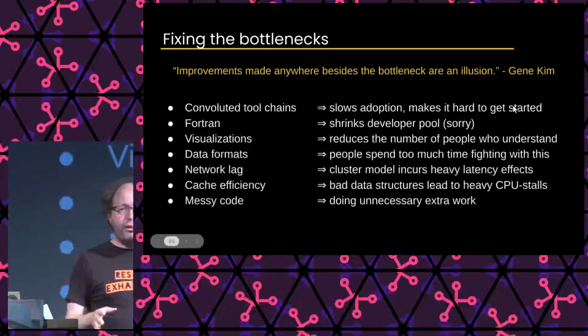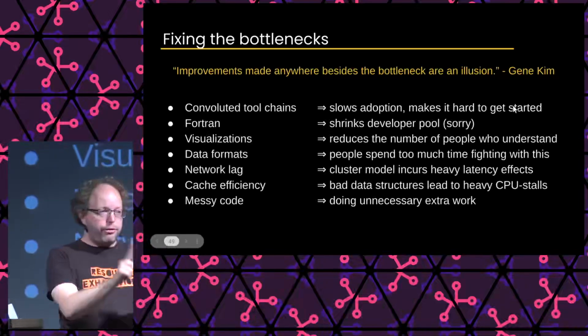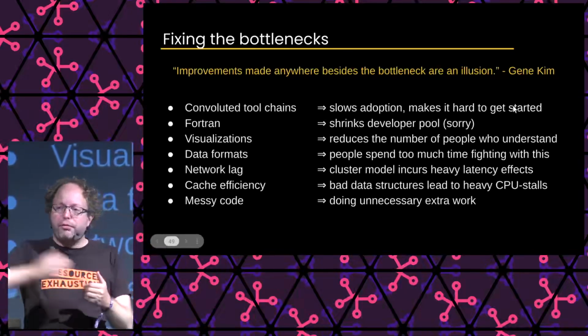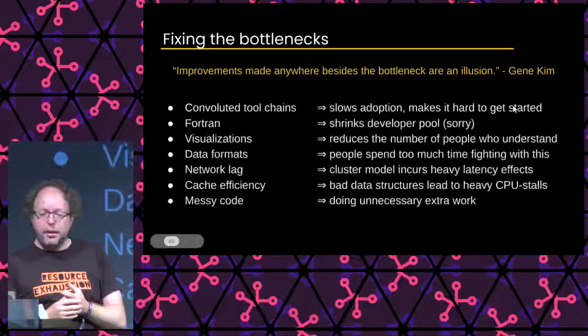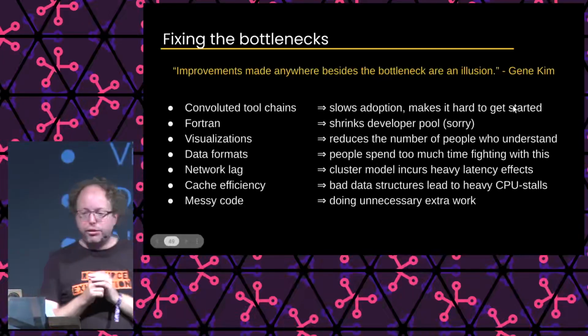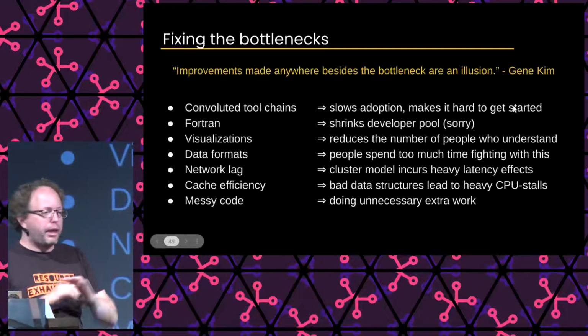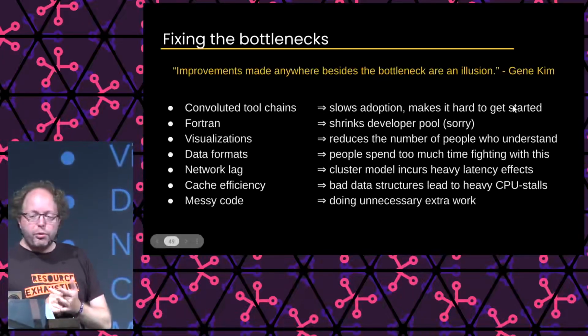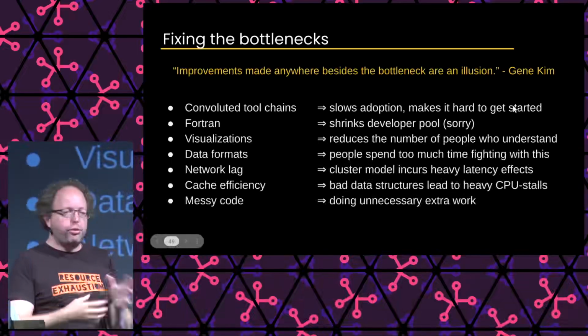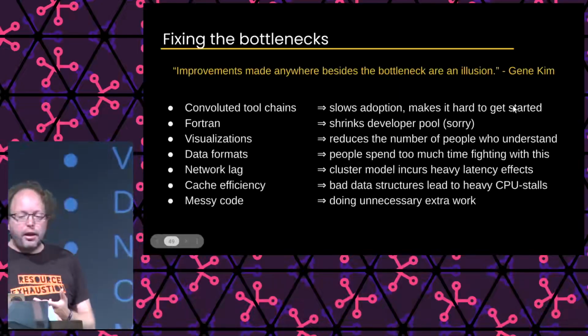Fortran is an excellent language, but the developer pool for it is shrinking very, very quickly. And so we need to start to leverage away from that. We need to stop using GRIB as a data format, just categorically. We need to have better resolutions or visualizations so that more people can understand it.